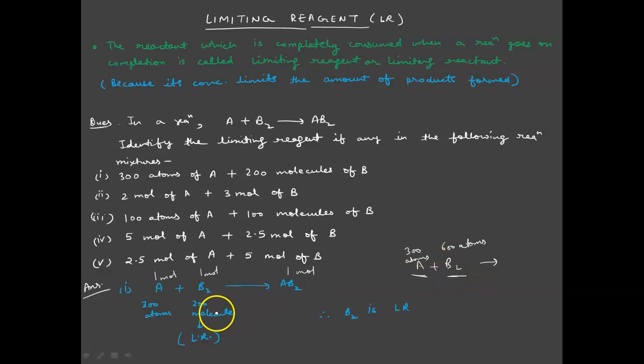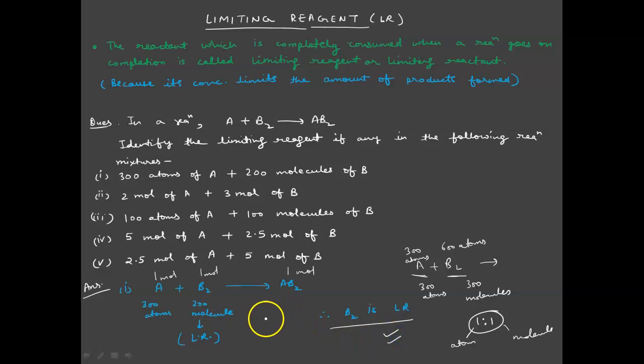So if we take the 200 molecule concept, 300 atoms need 300 molecules, because the ratio is 1:1 for the atom and for the molecule. So here it is less than the required amount, so it is LR, that is limiting reagent. So B2 is LR, limiting reagent in this part.